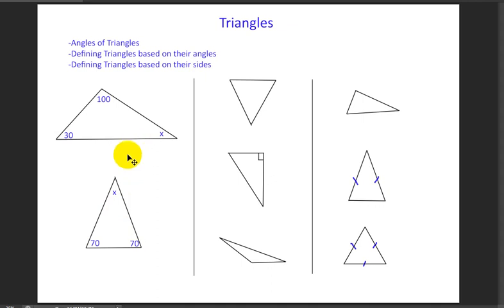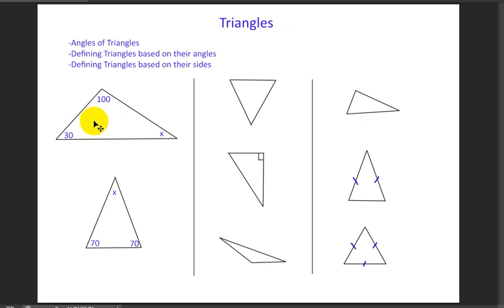How you do that is you need to remember that the sum of the angles of a triangle, so if I add all three of these angles together, it needs to be 180, always. It can't be less, it can't be more, it needs to be exactly 180.